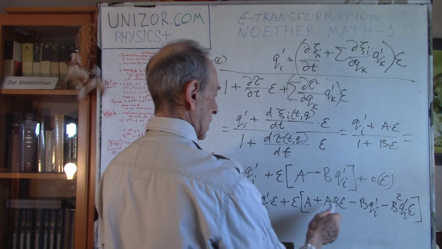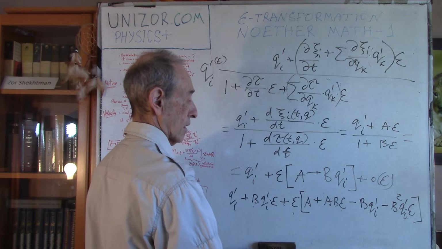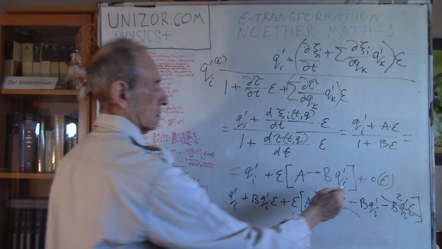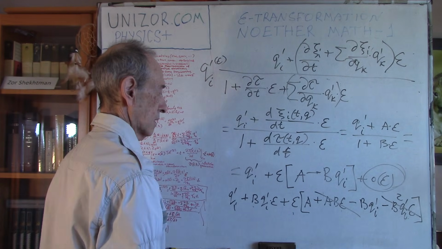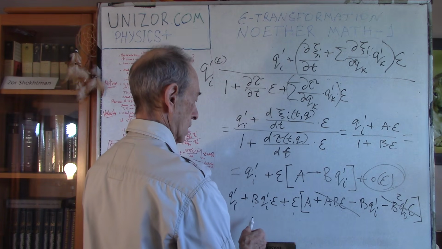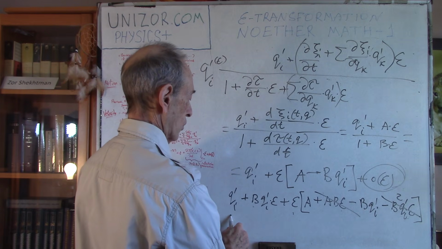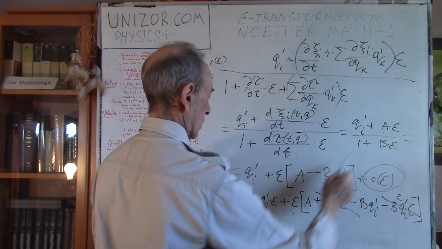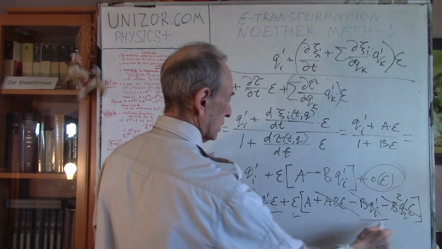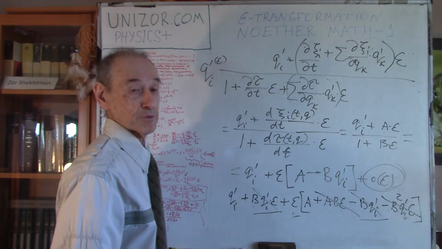Okay, now this one is epsilon and this one is epsilon times epsilon would be epsilon square. So they are not really participating when they will all be concentrated here. And without them, we will have basically qi prime plus epsilon a, okay, and this one and this one will cancel each other. So, I mean, it's a little trick, but it works.